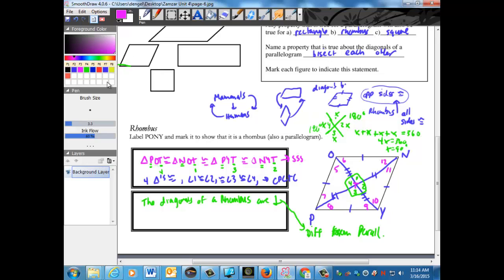All right, well, the next thing that I can say is if you look at triangle POT, you see O is that middle angle. I'm going to put 3 marks here. Okay, and so angle O will be congruent to this angle O in this triangle, and it'll be congruent to angle Y in triangle PYT, and it'll be congruent to angle Y in NYT.